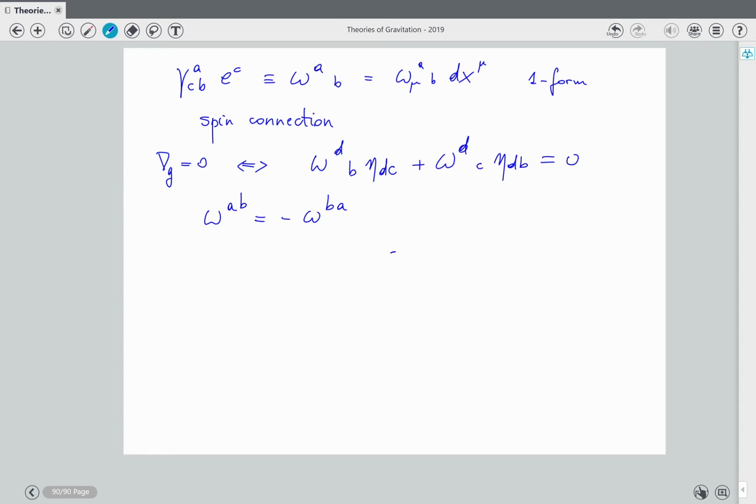But normally we will write it with the left index up and the right index down, because it will be easier for multiplication of these objects as matrices. So these objects we will see as matrices in the space of flat indices and at the same time one forms. So when we multiply them by themselves, we have to take care of their position, not only because they are matrices, but also because they are differential forms.